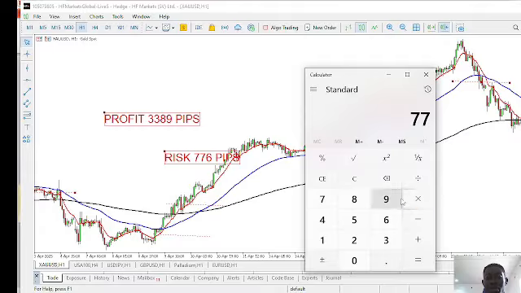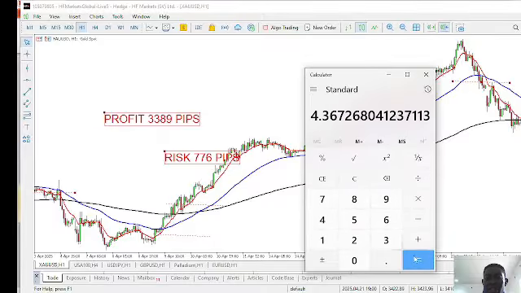Many times people look at profit, and that is why they always miss it. It's not about profit when you are starting out. It's about process. It's about following strategies. Divided by 776, can you imagine this? 4.36. 4.36 risk to reward ratio.